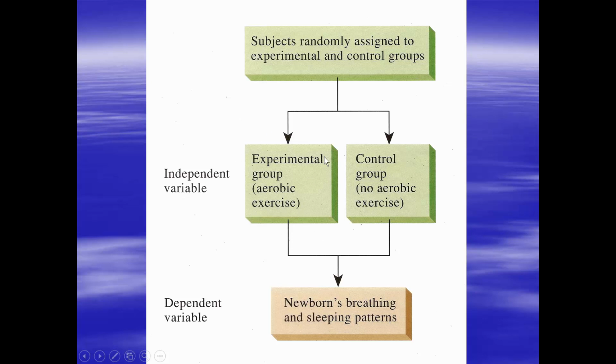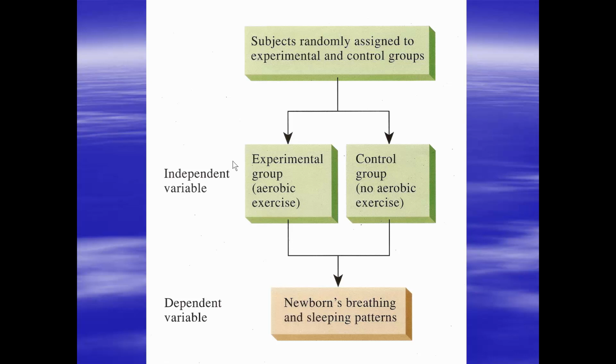We would then average both groups. So we have an average for our experimental group, and an average for our control group. Then we would compare these two to see if there are any significant differences statistically.